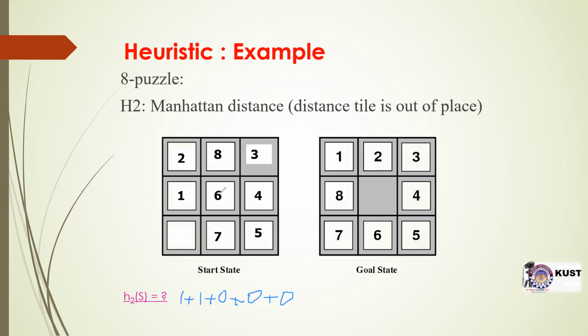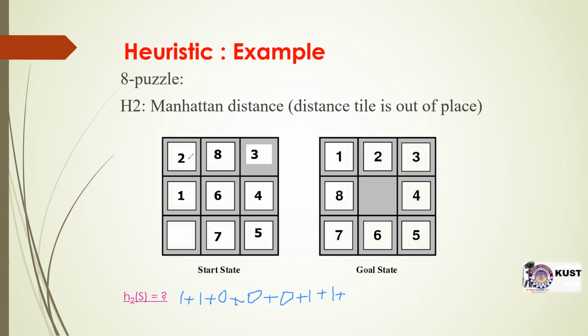Now tile 6 needs one step to move to its correct position, so we add 1 here. Similarly, tile 7 needs one move to go to its correct position, and tile 8 needs 2 moves.